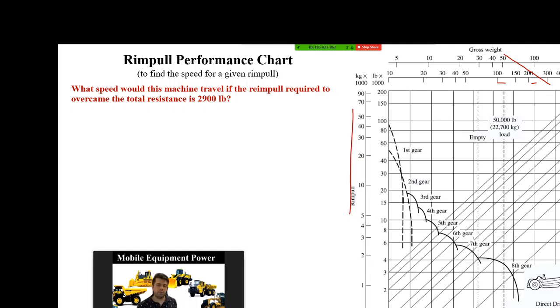So the first piece of information that is given to us is the rim pull, and that is 2,900. So it is in pounds, so it is important that first you need to check if it is in kilograms or it is in pounds. In this example, they have given it to us in pounds. So this is the column we will be working with, the one that represents the rim pull in pounds.